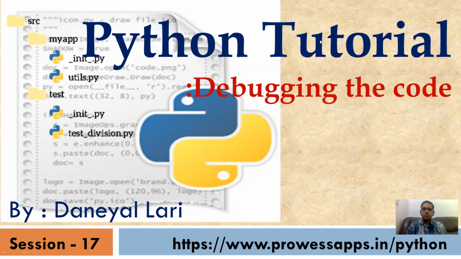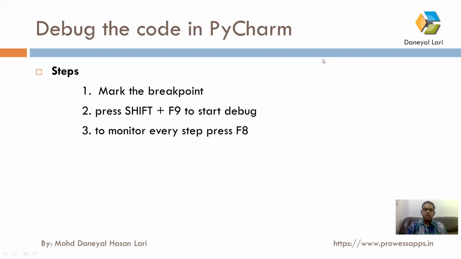So if you want to monitor those values, check what the values are after execution of some steps of your code, and what the output will be if that portion of the code has already been executed, you can debug and monitor your code. In today's session, I will talk about how to debug and how to monitor your code. For that, in PyCharm, you need to follow these steps.